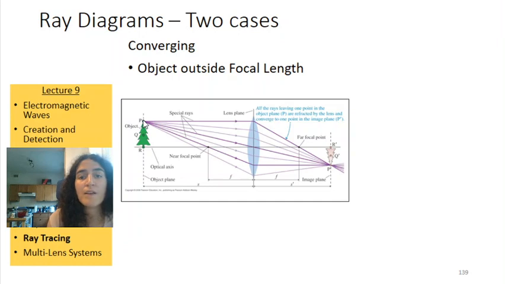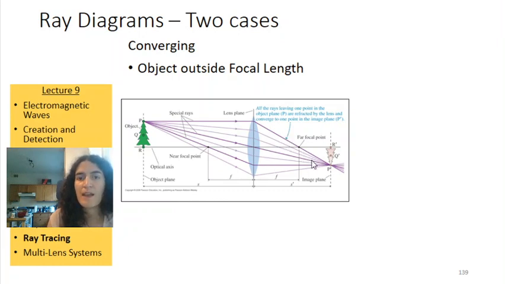Rule number 1 was any beam that goes through the center of the lens has to go through without bending, right? And then one of the other rules was if you go through the near focal point, you have to come out parallel, right? So now we draw these 3 special rays, we bend them according to the rules.